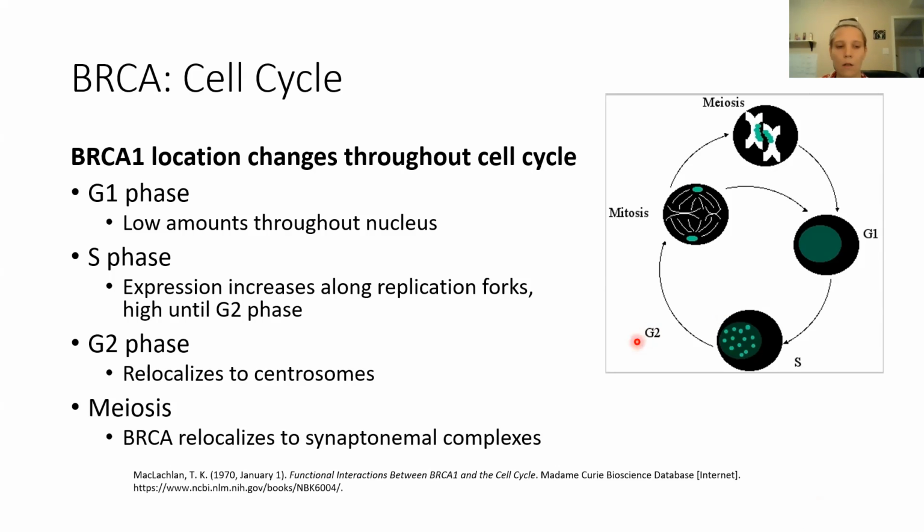In G2, it relocalizes to the centrosomes, and then in meiosis, it relocalizes to the synaptonemal complexes. The lighter color of green is the higher concentration of the BRCA1 gene.